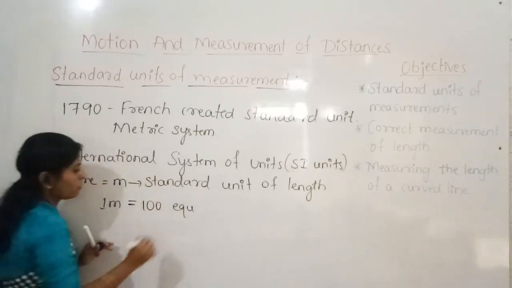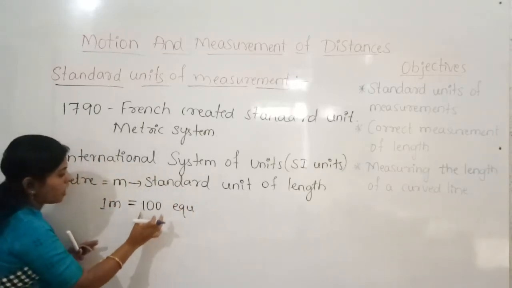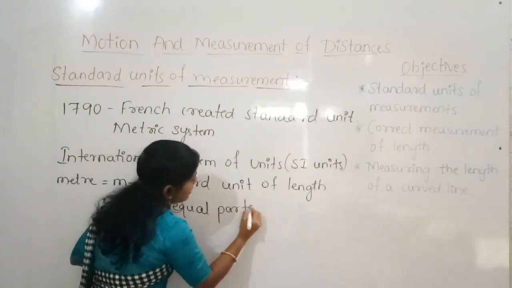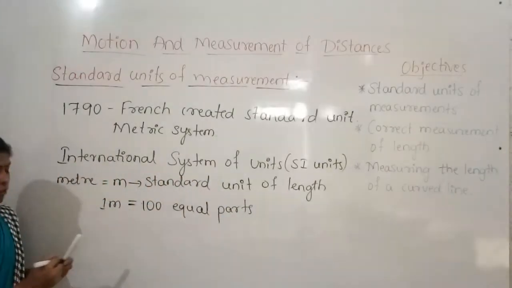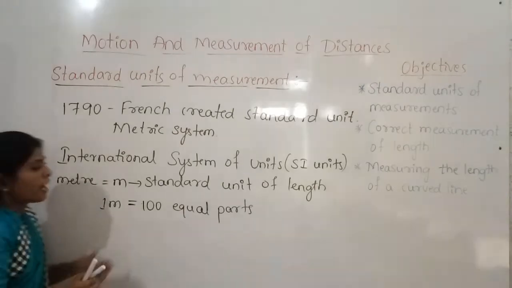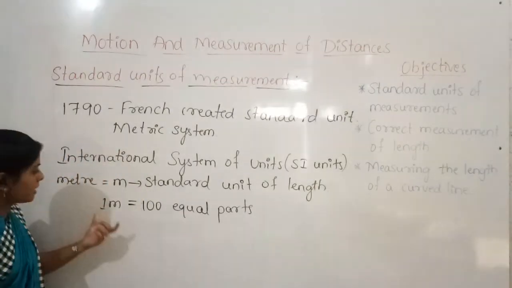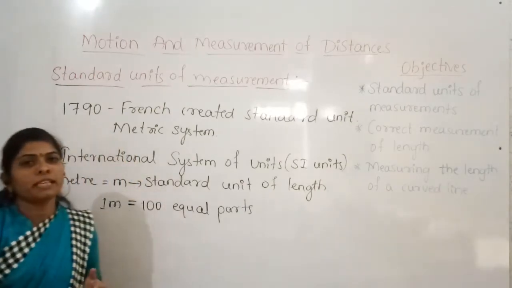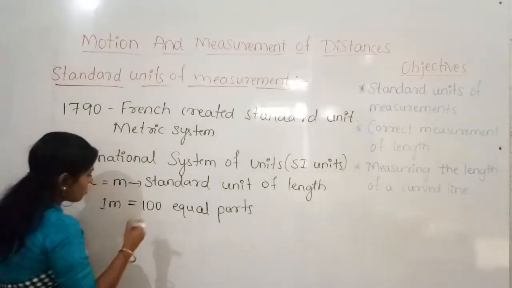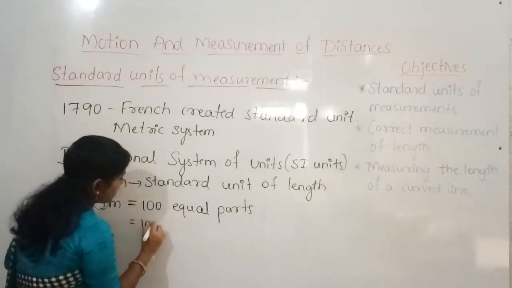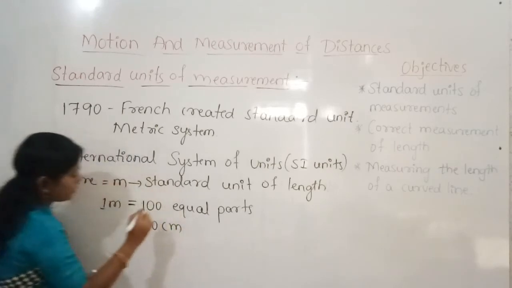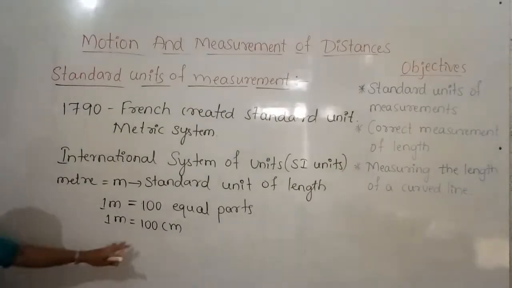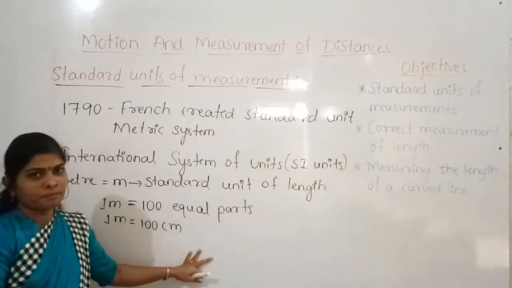These 100 equal parts, the 100 divisions which are there in 1 meter, are called centimeters. So we can say 100 centimeter. So 1 meter is equal to 100 centimeter.